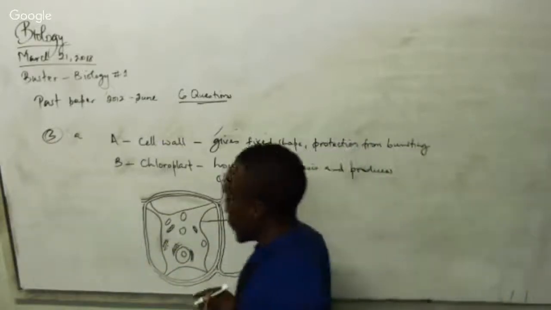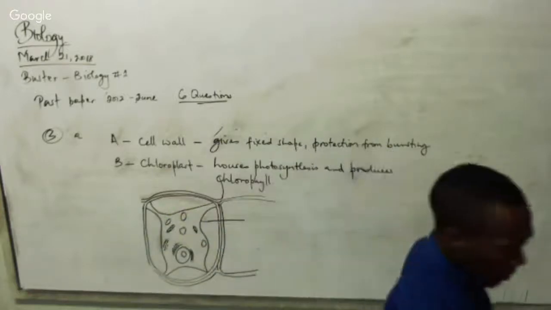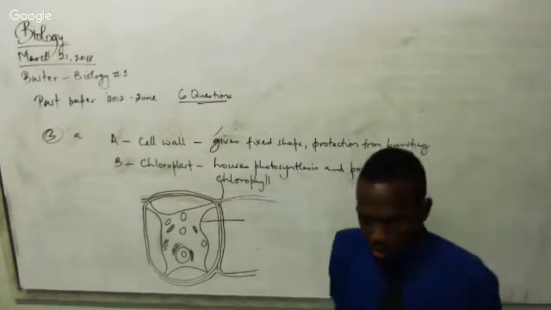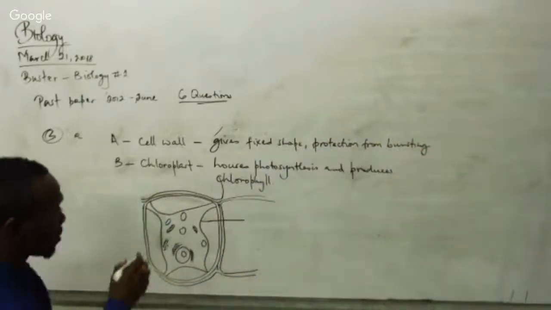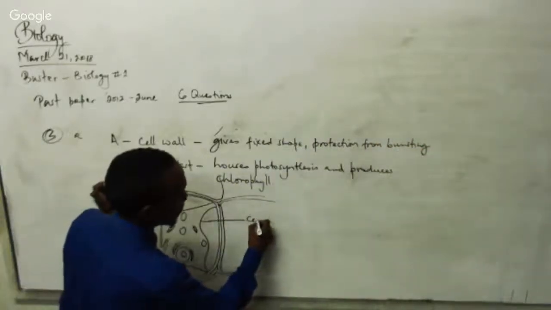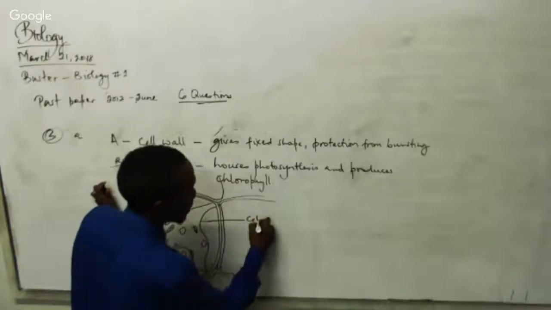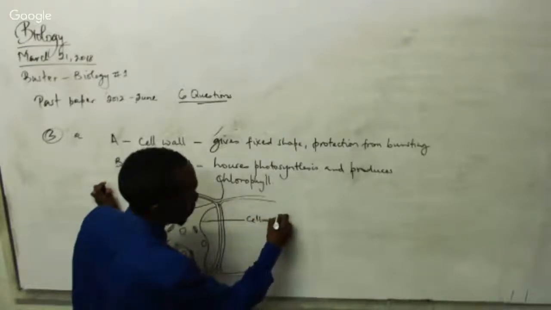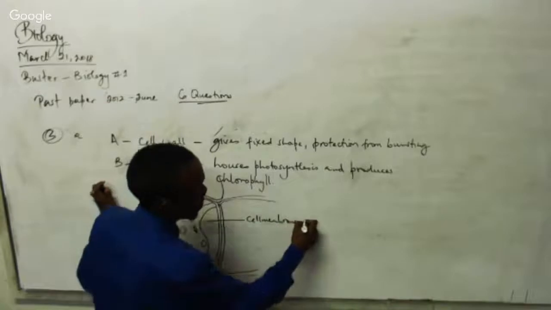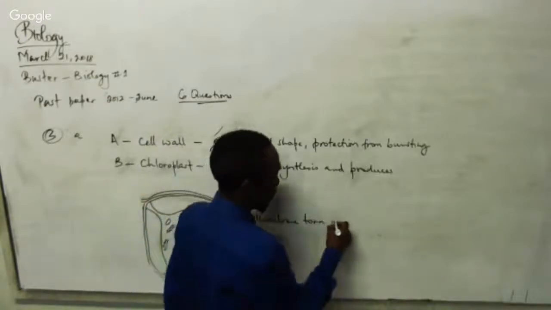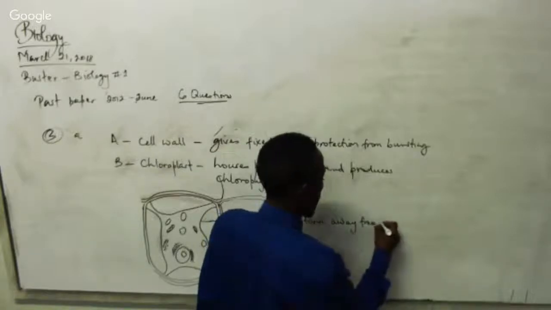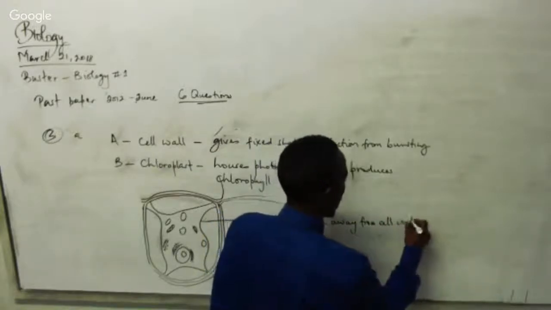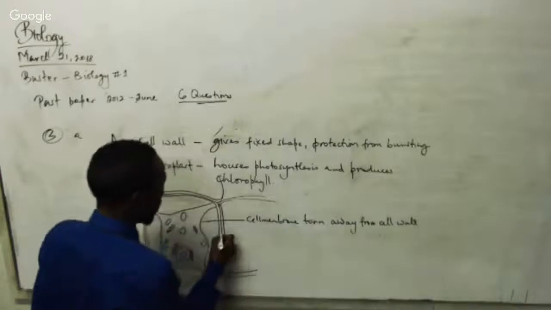And you just put in your labels. These are labels, right? No, it's annotated. So if you have to annotate, you have to write. You have to annotate the cell membrane because it changed. Cell membrane torn away from cell wall. You need to annotate the cell wall.